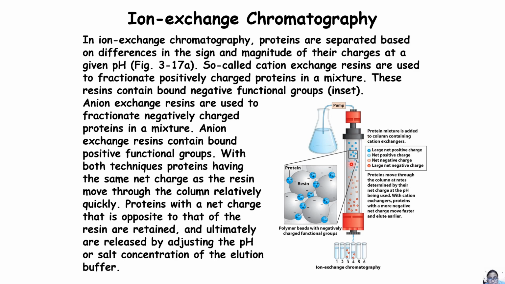So this is the solution, the mobile phase that is being passed. The resins will have a negative charge. So large net positive charge will be attracted towards the resins. Small net positive charge will be a little less attracted towards the resins, whereas the net negatively charged proteins will be repelled and they will elute fast.